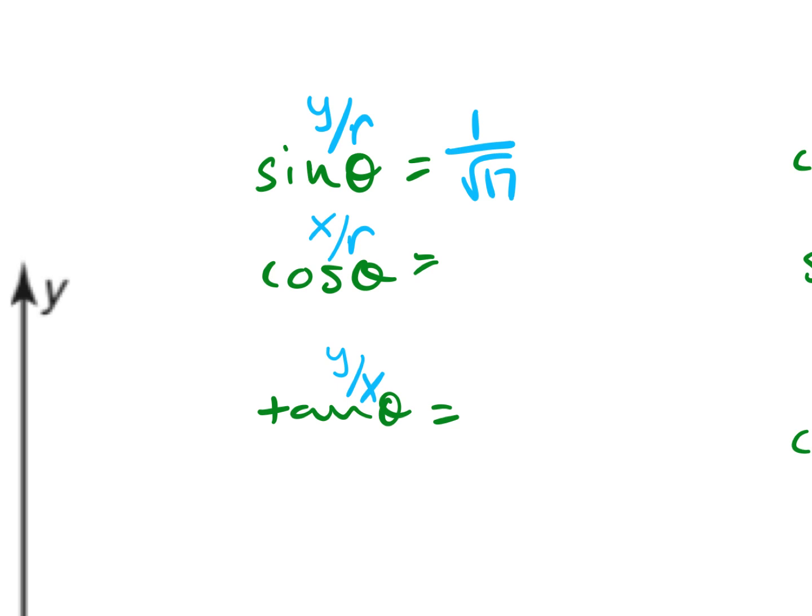No, we have to rationalize. So we're going to multiply the top and the bottom by square root 17. So we get square root 17 over 17.